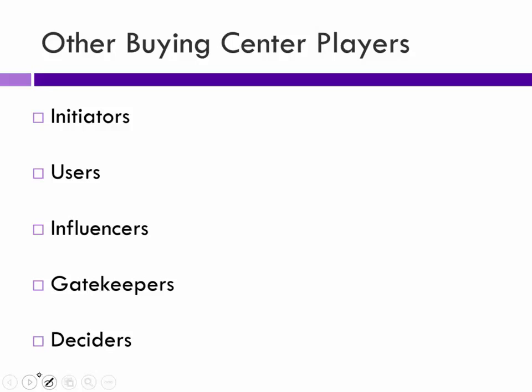The initiator is someone who first sees the need for the product. It might be me. I see a need for new technology in the classroom or something like that, and so I'm trying to get this through. The user, for example, if I'm using this technology, might not be the buyer.